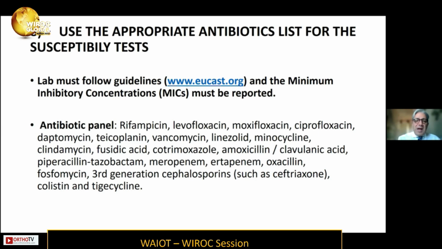Any lab must identify the proper antibiotic panel on the basis of its own resistance, regional resistance, or the country resistance. We need to use at least one antibiotic per class. And on the basis of the resistance you have in your country, it may be necessary to use many more antibiotics per class.